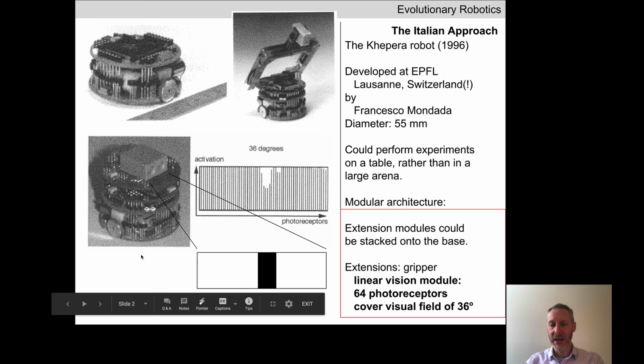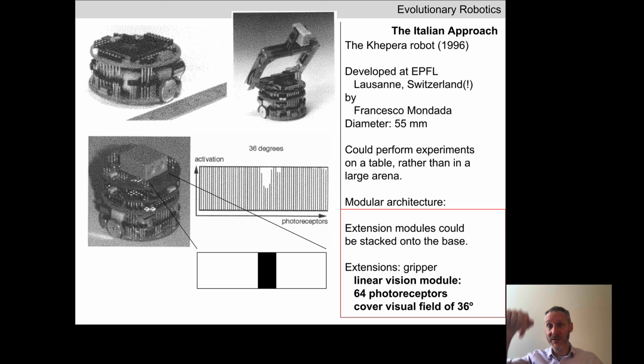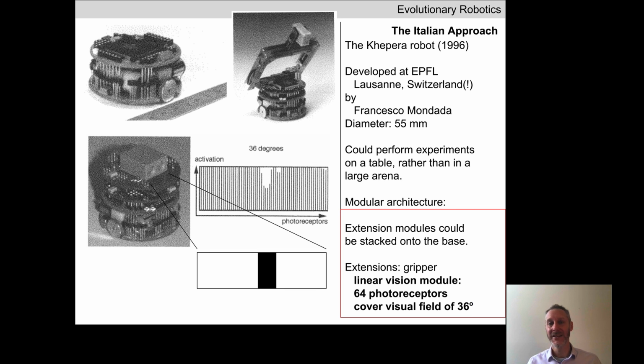So if we have 64 photoreceptors, and each of those sends out two synapses that attach to the two wheels, we have 64 times 2 equals 128 synaptic weights. By tuning the strength of those weights, we can alter how the wheels rotate in response to different values at the 64 photoreceptors.